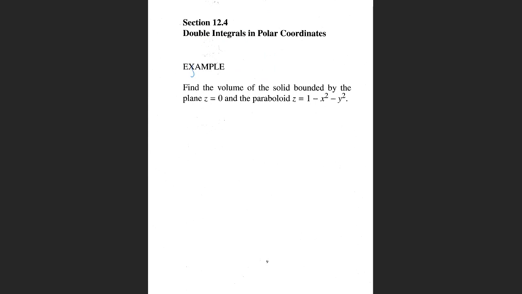So what do we need here? For any double integral, we need some function of x and y, we need a dA, and we need a region D. If we're going to use polar coordinates, we'll call it region R, and we need a function of r cosine theta, r sine theta, and then our dA.